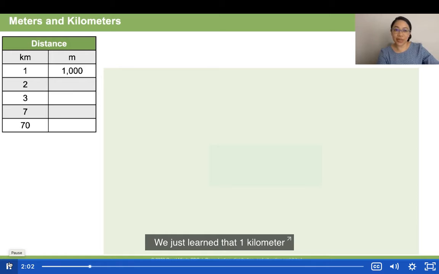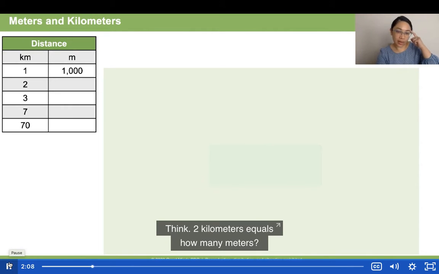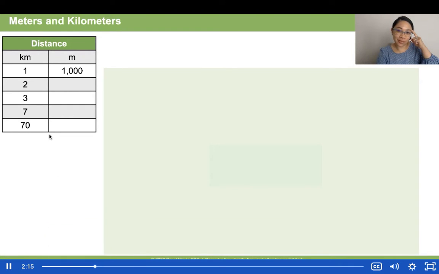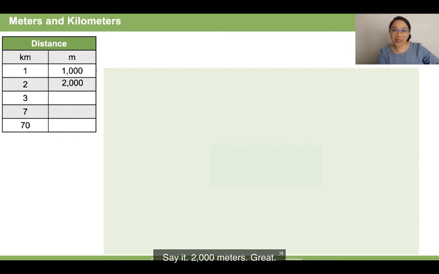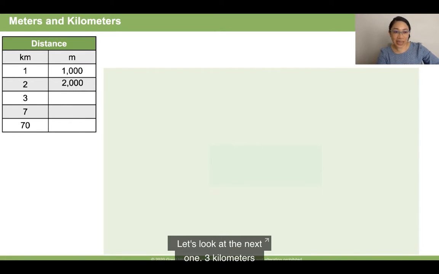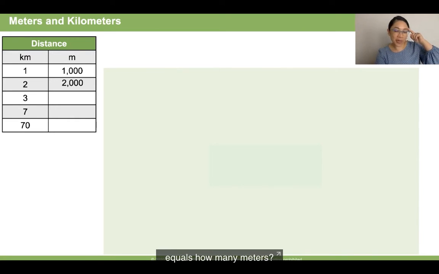We just learned that 1 kilometer is equivalent to 1,000 meters. Think. 2 kilometers equals how many meters? Say it. 2,000 meters. Great. Let's look at the next one. 3 kilometers equals how many meters?